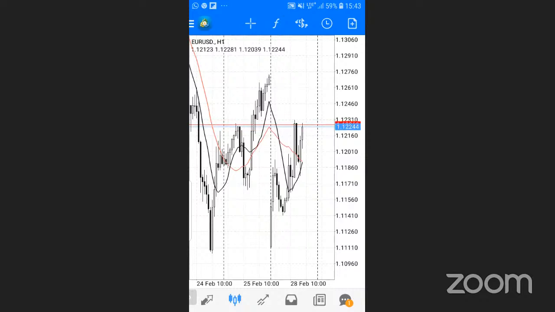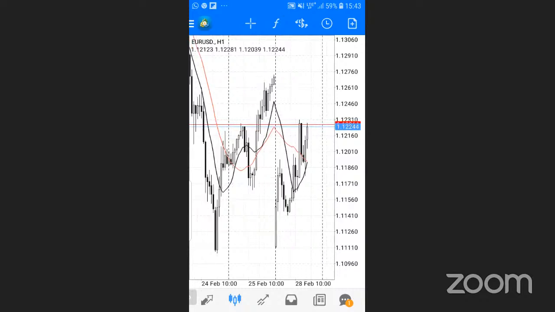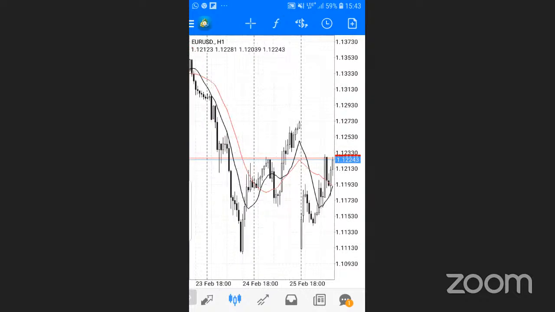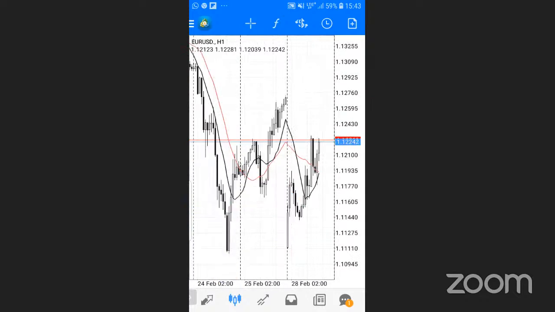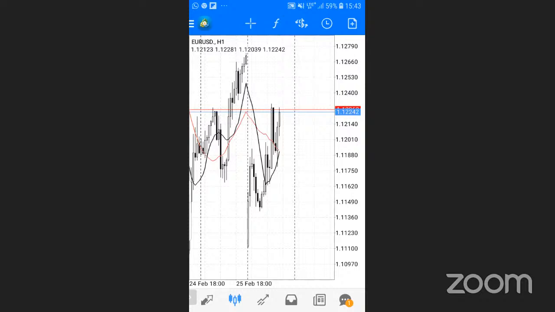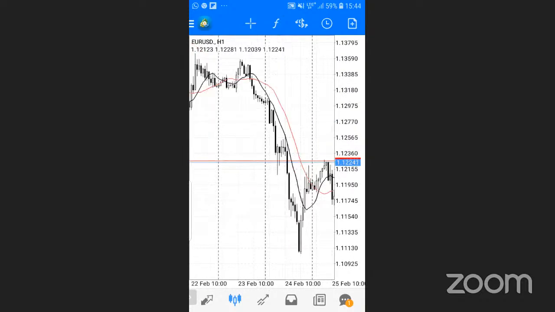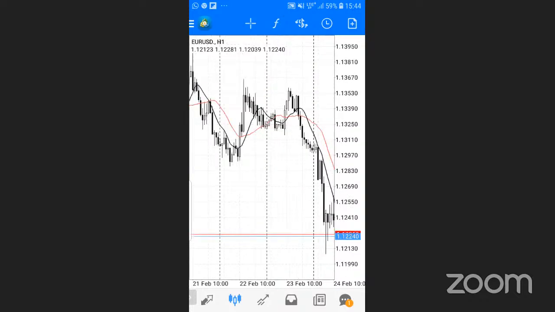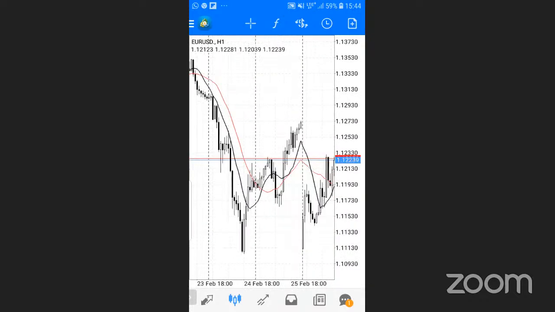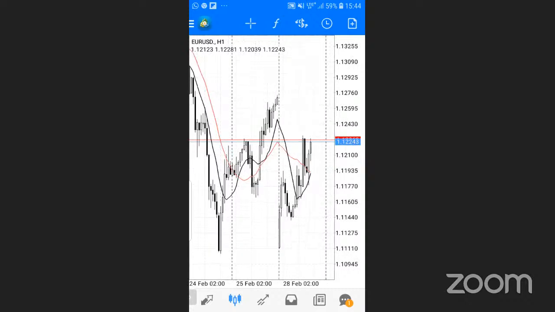So when price is above the moving average, you can treat it as an uptrending market, but where should I enter? If it's below, it's a downtrending market, but where should I enter? That means moving average works best in a trending market, not in a ranging market, because it follows the trend.